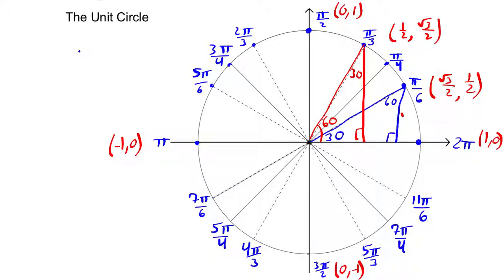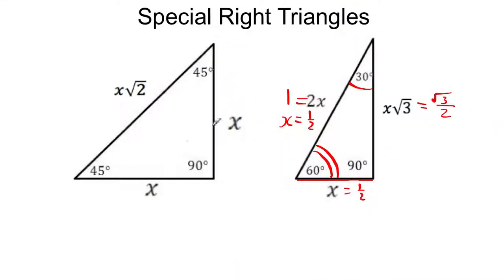Now for pi over 4, don't forget that's a 45-degree angle. So here, we already know that this hypotenuse is the radius, which is equal to 1. So we get that x is equal to 1 over the square root of 2. So we multiply this by square root of 2 over 2 because we need to rationalize the denominator. So that's root 2 over 2.